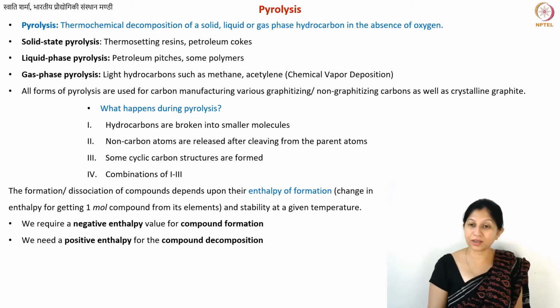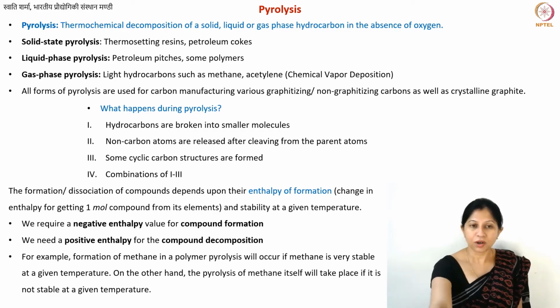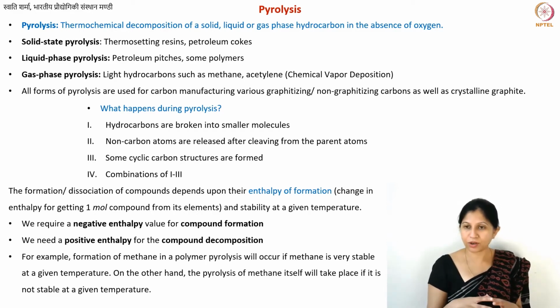That means this is not a thermodynamically favorable reaction anymore, and there is a higher probability that methane will decompose. So these are the two important things based on the enthalpies required to form something. Accordingly that compound is formed or decomposed. This is what we are going to talk about in the next couple of slides.